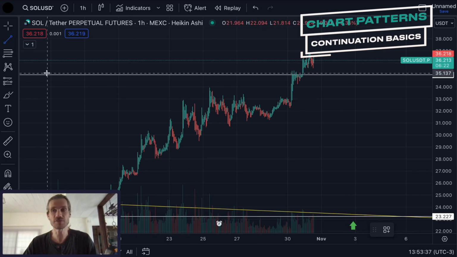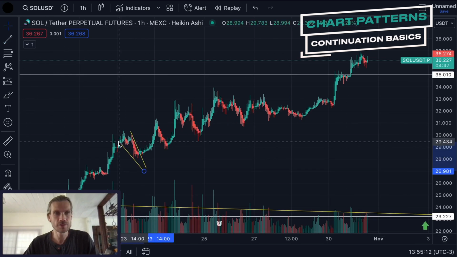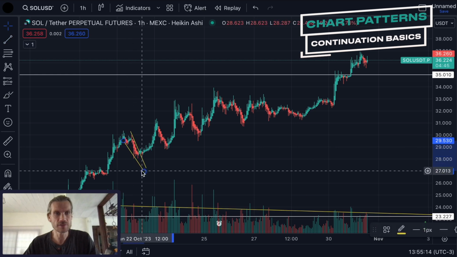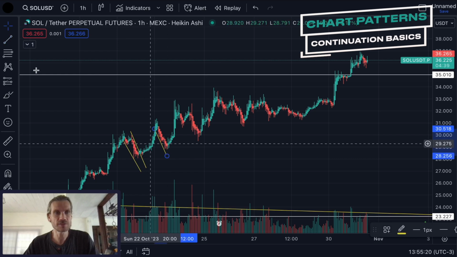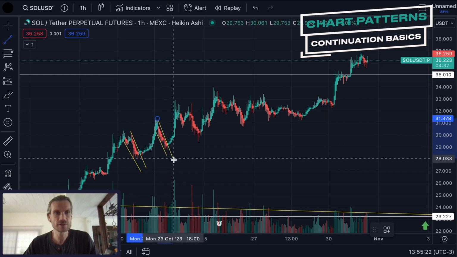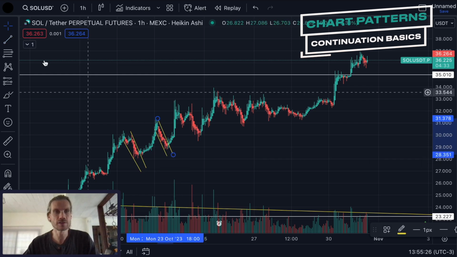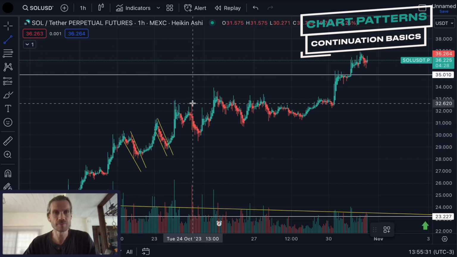Firstly, we need to try and find these patterns. So this looks like it is a descending wedge. That's the first continuation pattern we've managed to identify. Here's another one. This looks like a traditional flag, parallel lines. Let's have another look at this one.